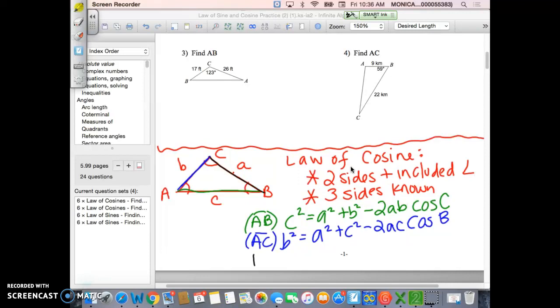So we'll call that side BC, or A squared, is going to be what's not A again. So B squared plus C squared minus 2BC, the cosine of A. So these are the formulas that you're going to use to find the information.